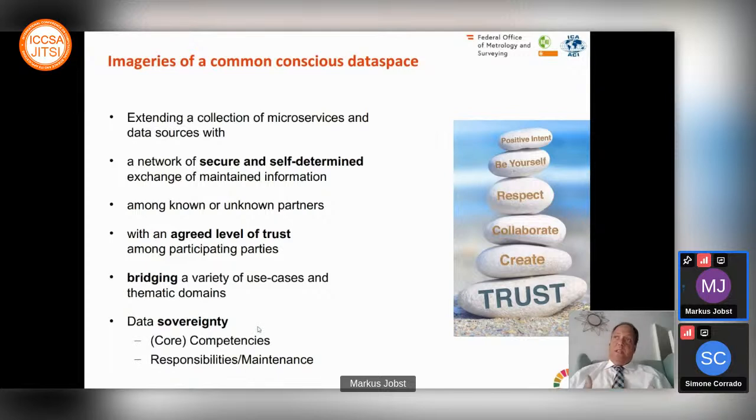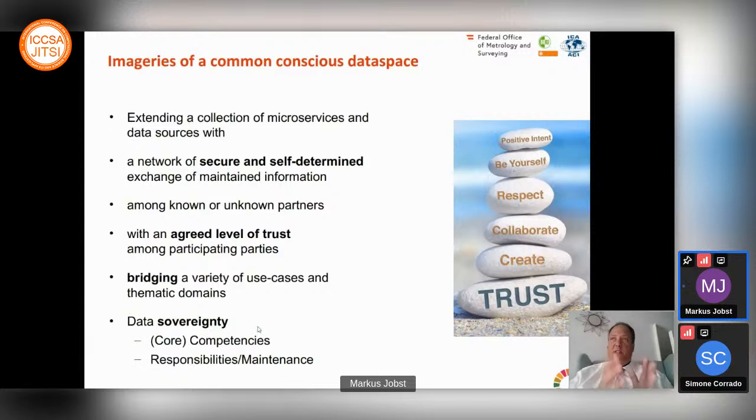Which also means that if you establish a data lake like this, you have an agreed level of trust among all participating parties. So anyone who is participating in this data lake will have to provide a specific level of trust. And if you do it like this, then we expect that this common conscious data space is bridging a variety of use cases and thematic domains.